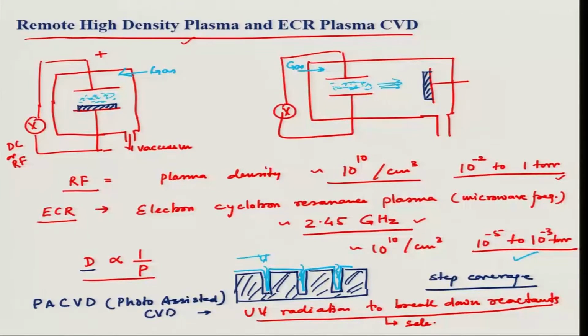So, this can be used for selective area deposition. This is another variation of plasma enhanced CVD, where you use UV radiation for breakdown of the reactant gases, and once they are broken into atomic species, they are more reactive and they can react at lower temperature to assist in thin film deposition.